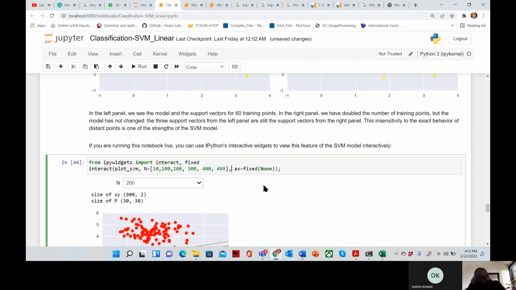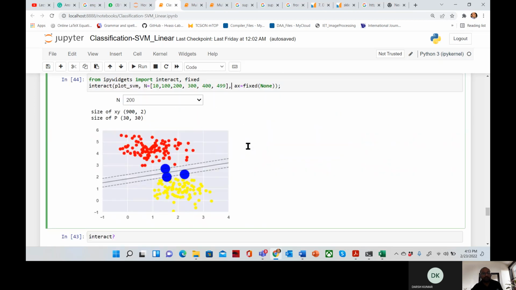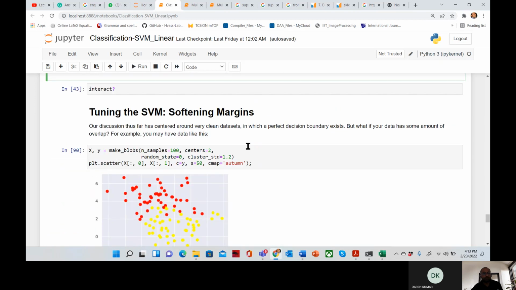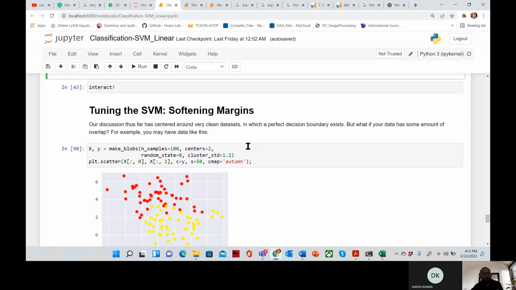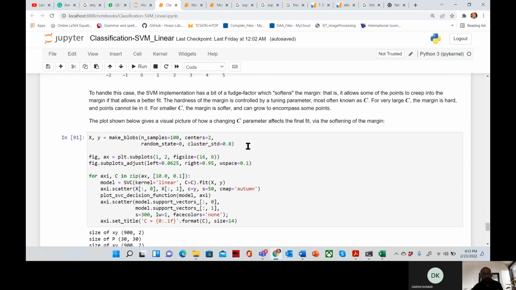Are you getting my point? Yes, sir. So it depends on how much you can play around with Python programming. So this is support vector machine, SVM classification. Okay, clear? Yes, sir.